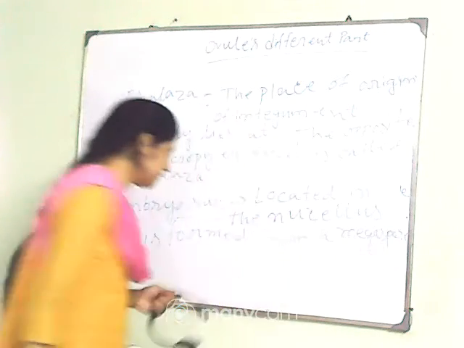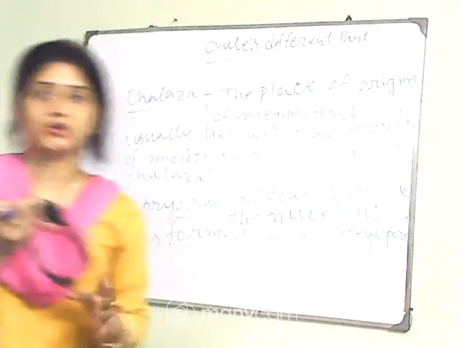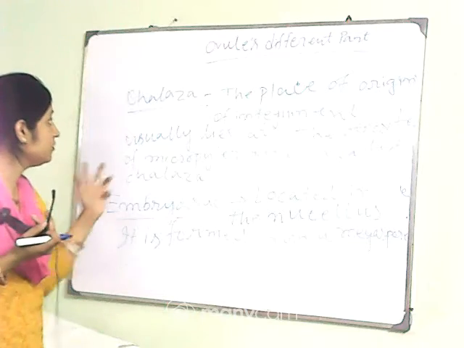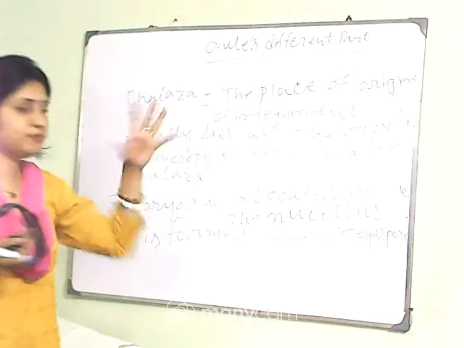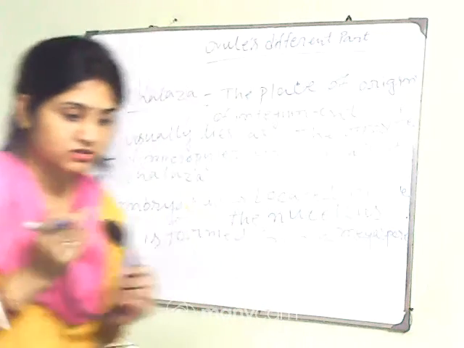So these are the total structure of the ovule, its different parts, and the definitions of each.